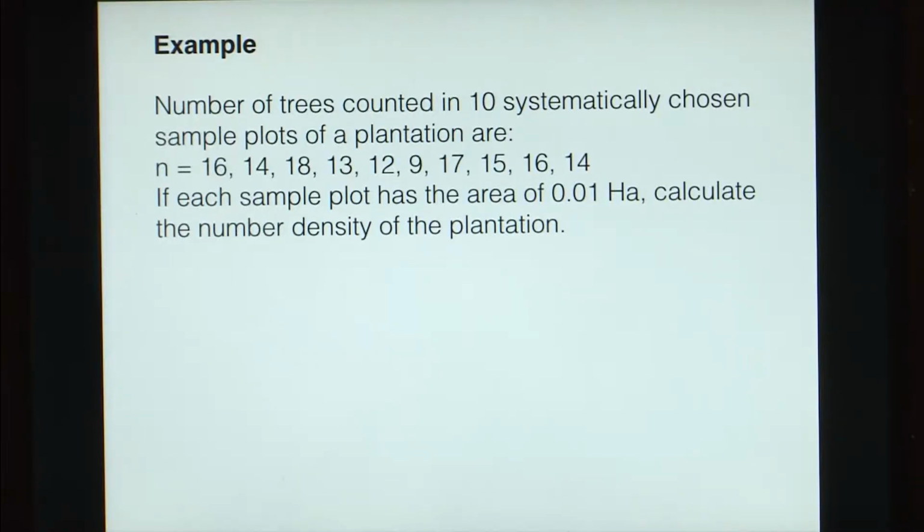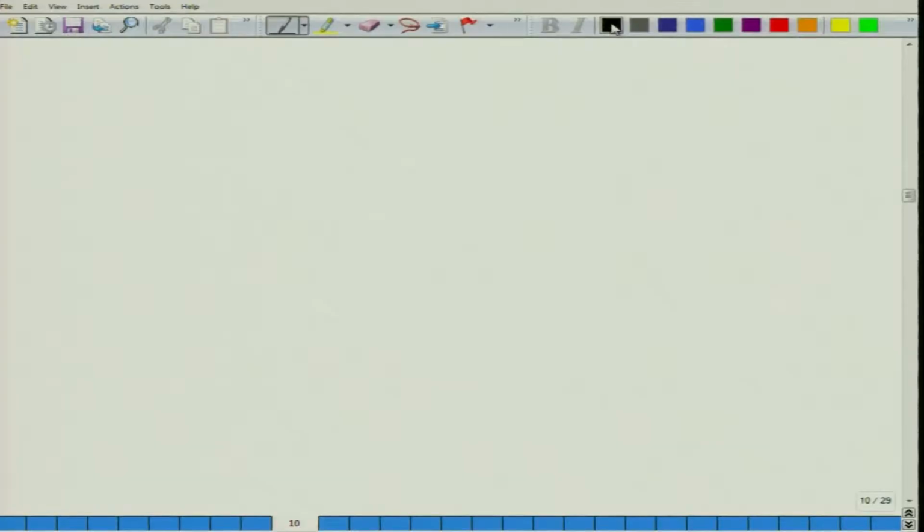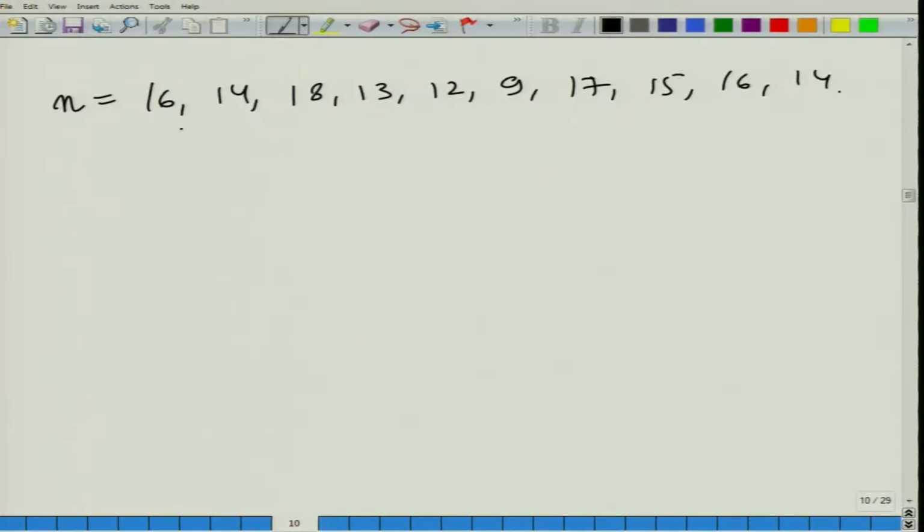So, the problem states that we have n equal to 16, 14, 18, 13, 12, 9, 17, 15, 16 and 14. So, we have 1, 2, 3, 4, 5, 6, 7, 8, 9, 10 samples.